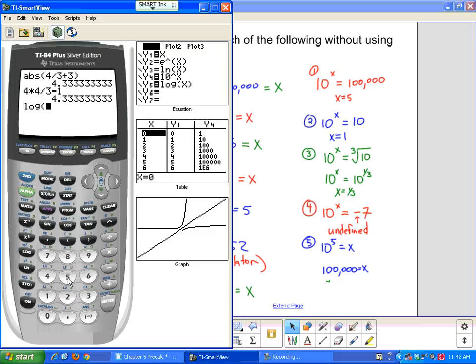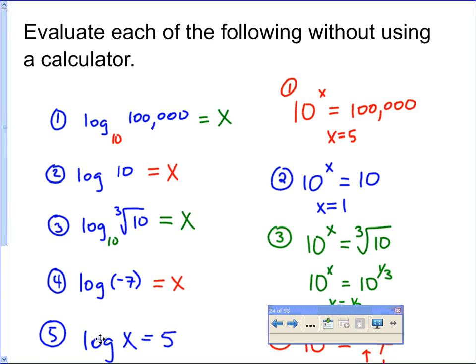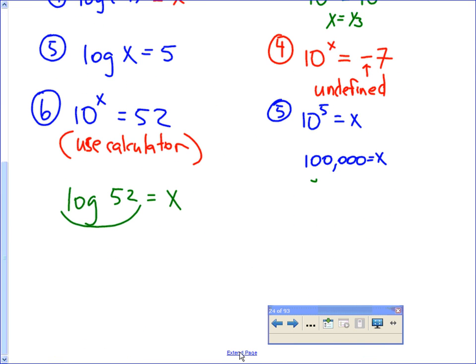And do the log of 52. And I get 1.716. Okay. So then I can say here that x is approximately 1.716.